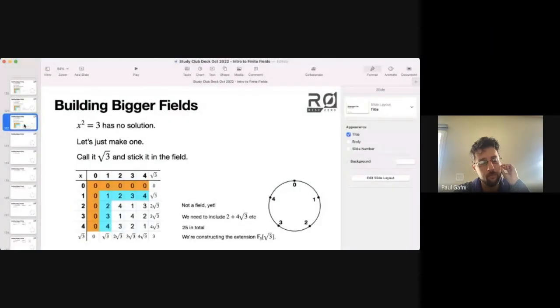Yeah, let me open my screen share again. You're right that the multiplication table I made there was a naive first attempt. So this, I think, is where you're looking at, right?